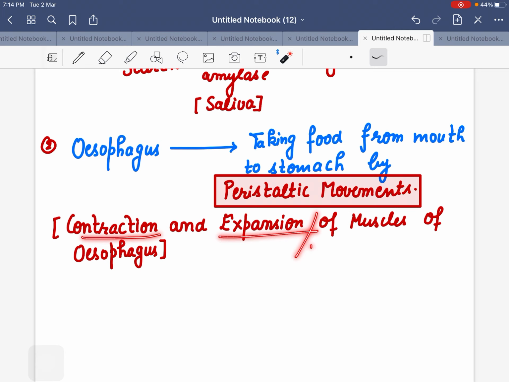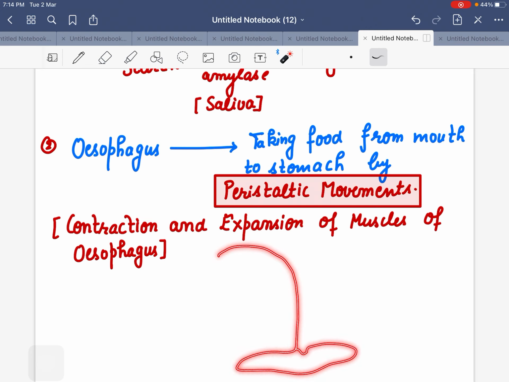Contraction and expansion or relaxation of, because it is a muscular one, the muscles of the esophagus, and this definition is known as peristaltic movement. It helps in taking food from where to where? From the mouth to the stomach. So it helps in transferring food from the mouth to the stomach.